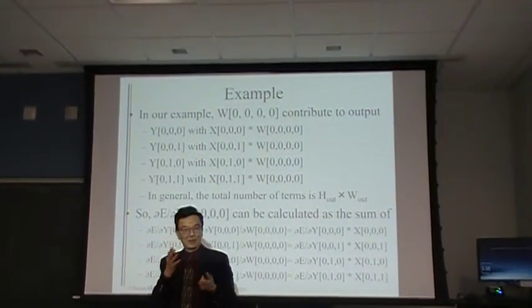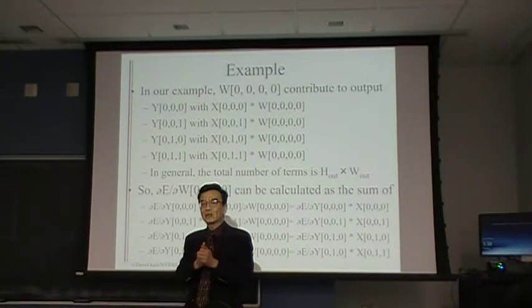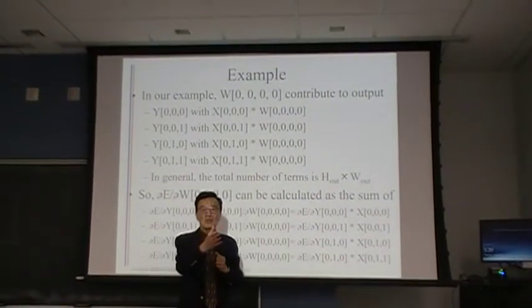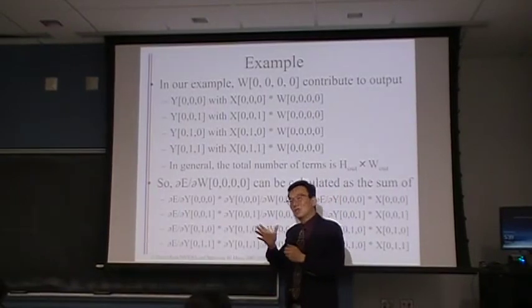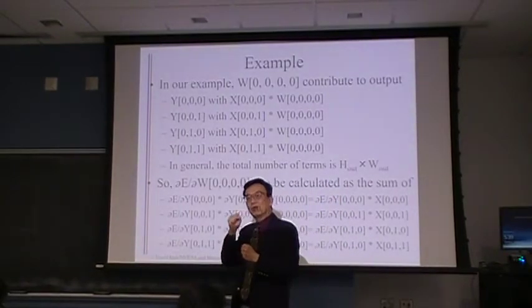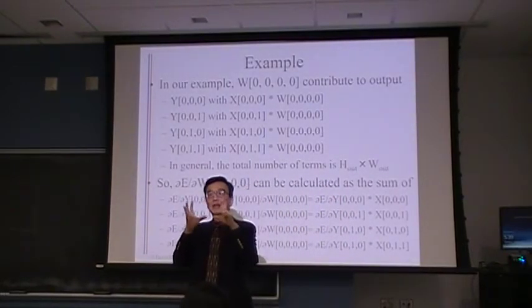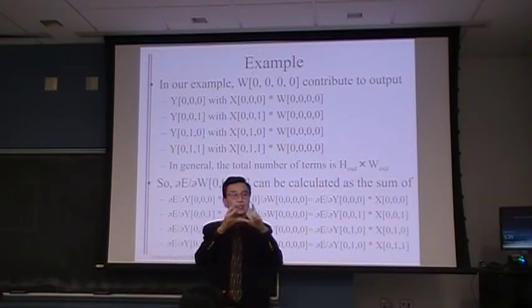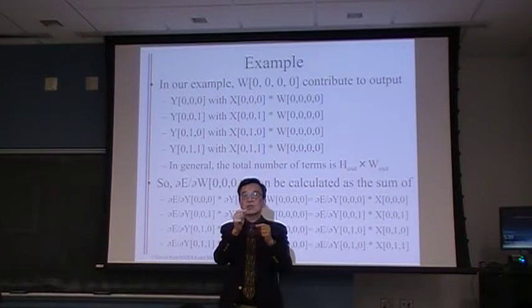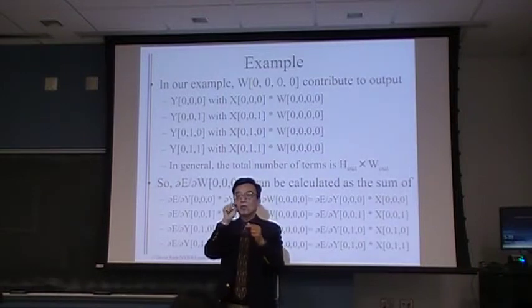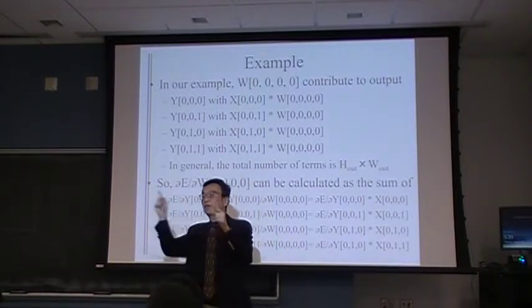Okay, so any questions so far? Do I need to repeat any of these? It's very important for you to see that we're trying to adjust the weights, right? Don't lose sight of that. We're trying to adjust the weights. In order to adjust the weights, for every element, we're going to ask, how important is this element to the error?